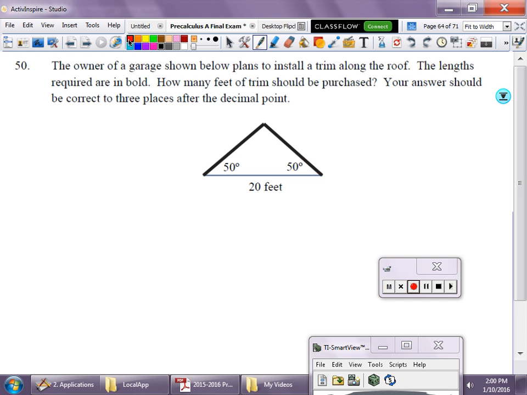This is an isosceles triangle, which means that if the sides are equal, the angles are equal, so corresponding sides are equal, and we use the same variable. How many feet of trim? We have to add it up. 4 times 2. Your answer should be correct to 3 decimal places. So how many feet? We have 2 of trim.